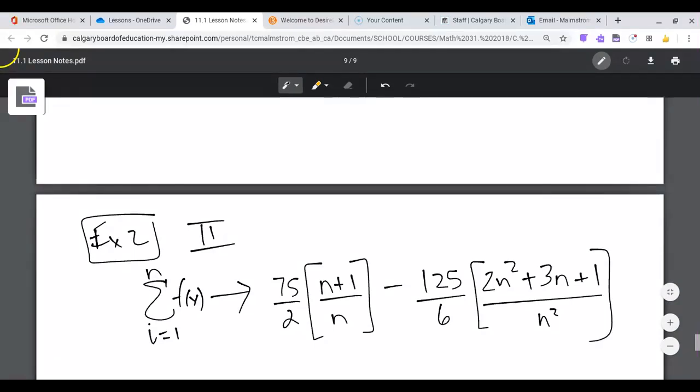Okay, so this expression came from example 1 before we took the limit.